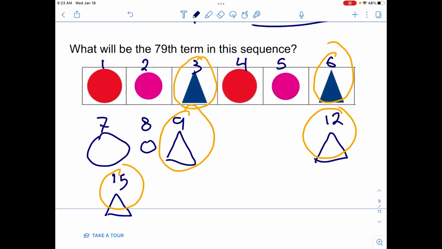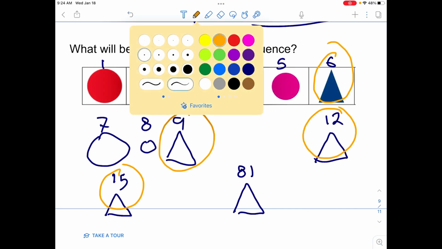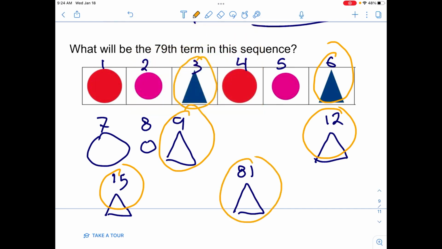What is a multiple of 3 that's close to 79? I think 81 is a multiple of 3. So I know that 81 is going to be a triangle, right? Because every third shape is a triangle, and 81 is a multiple of 3.